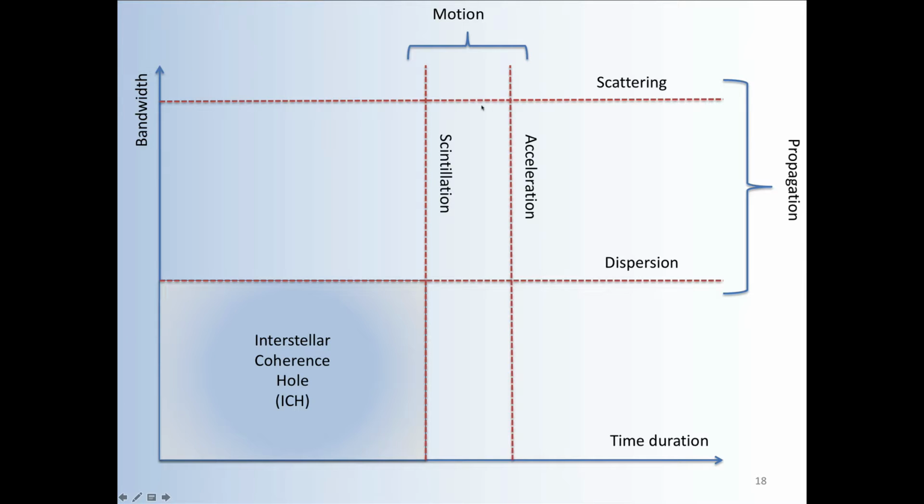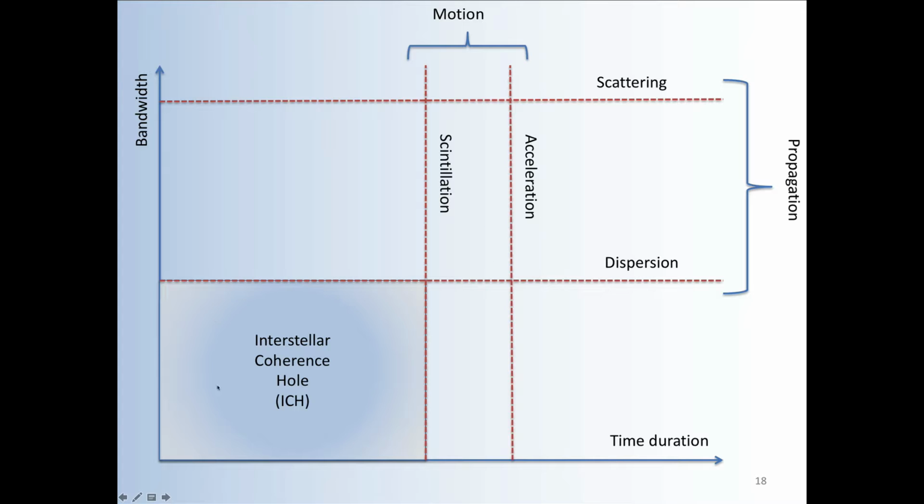There are also motion effects due to the motion of the transmitter and receiver. Acceleration causes Doppler shifts, and there's a phenomenon called scintillation due to the motion of the receiver through this scattering field. It's a little bit like Rayleigh scattering in terrestrial communications, if you're familiar with that. These effects limit the time coherence of the signal. That is, if a signal is below a certain time duration, then those effects are small enough to be ignored.